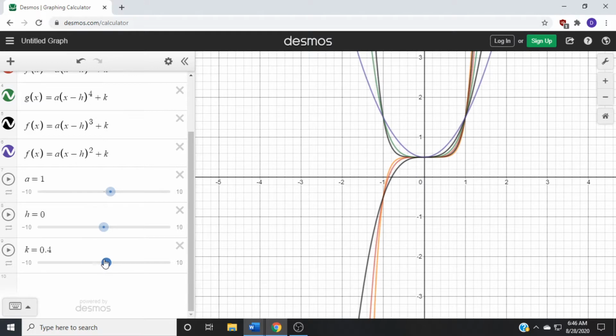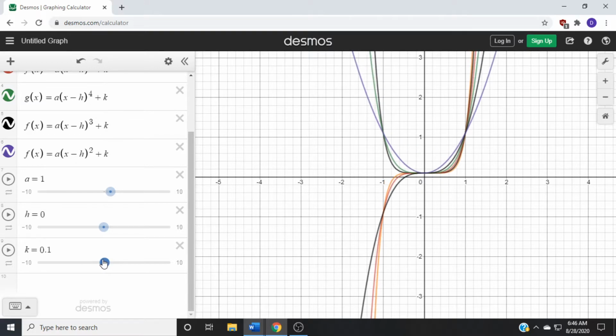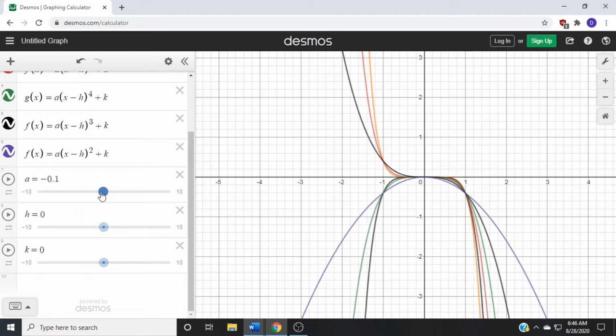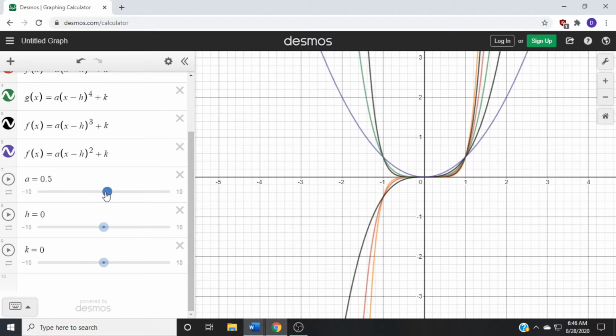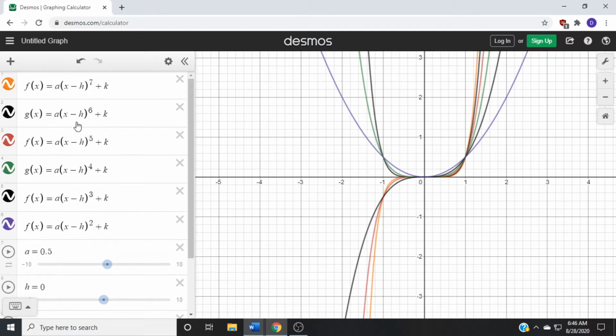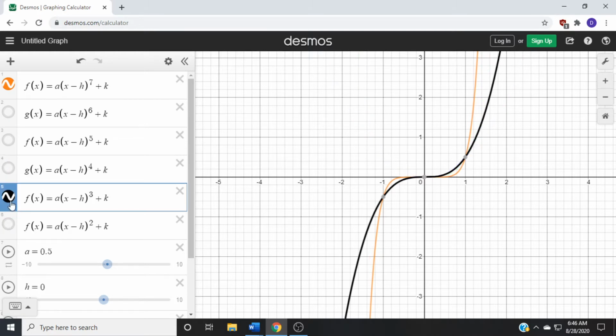You need to realize that these edges are going to be smooth regardless of what values we have with our different functions, okay?